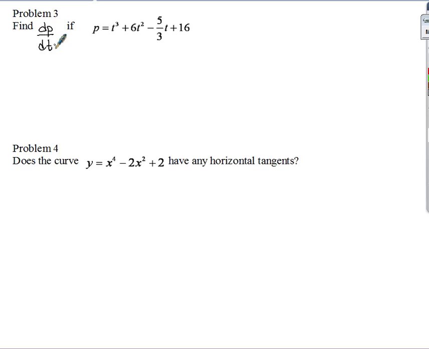Does the curve y equals x to the 4th minus 2x squared plus 2 have any horizontal tangents? We've talked about this already, but again, what does it mean if I want a horizontal tangent? Remember, a horizontal line, m is 0. The slope is 0.